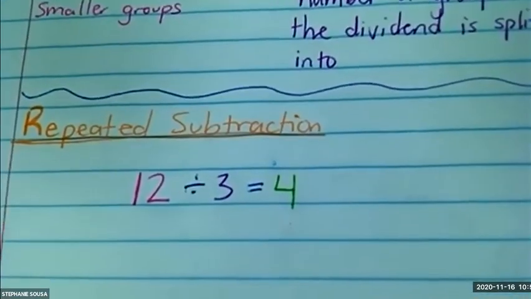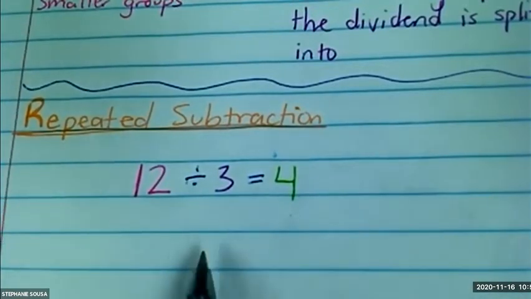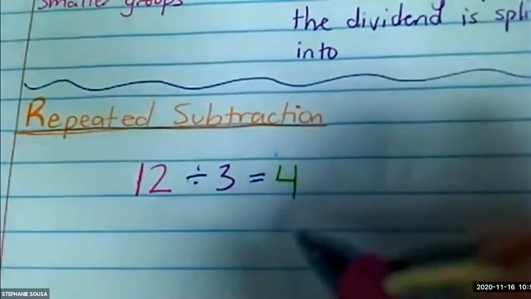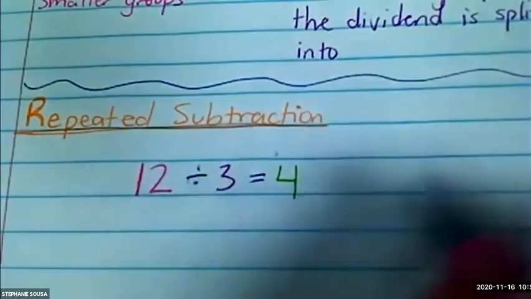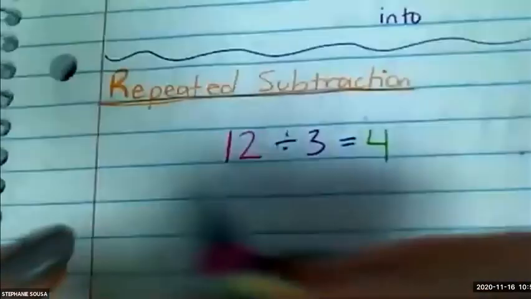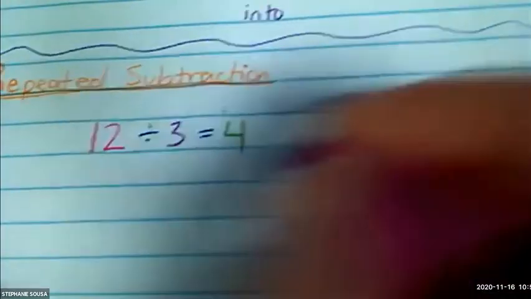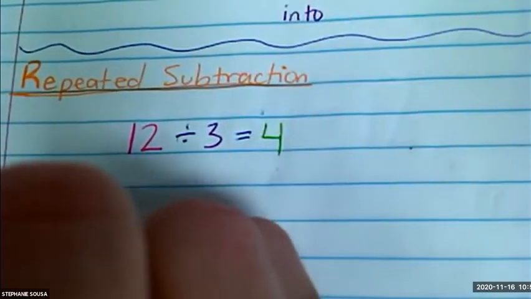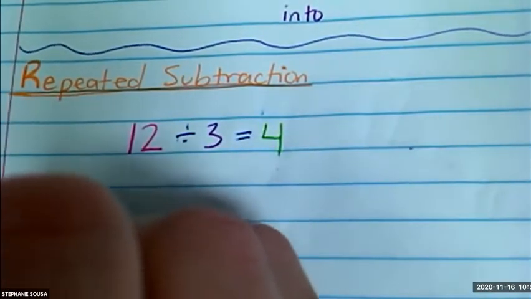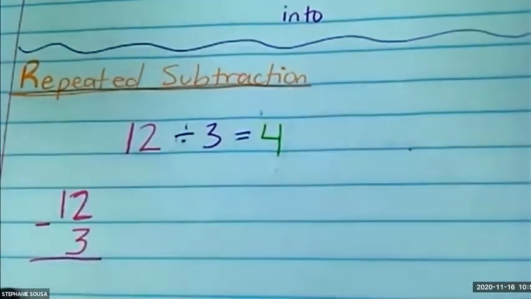Okay? So with repeated subtraction, we are going to start off with 12. So go ahead somewhere that you have some space and put a 12. Let's see, I'll put it down here. All right, 12. And we are going to subtract 3.